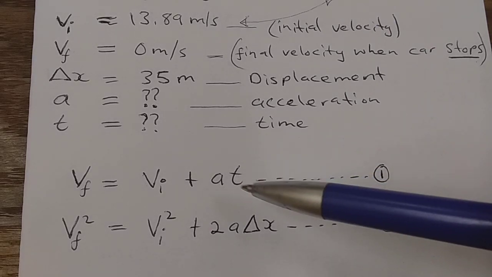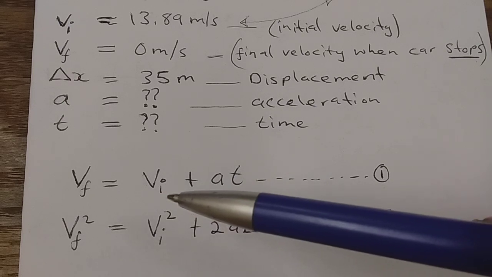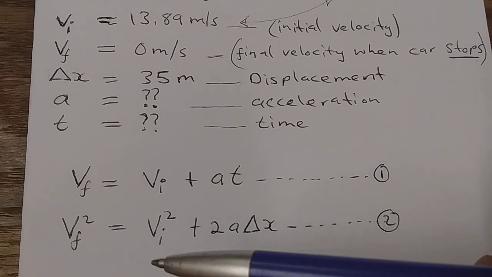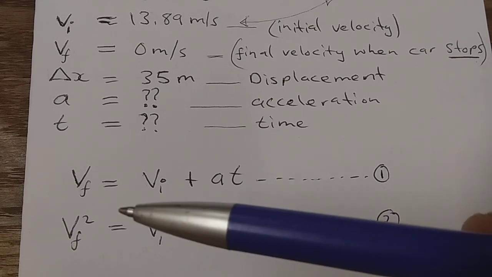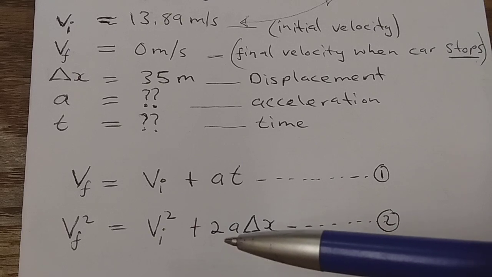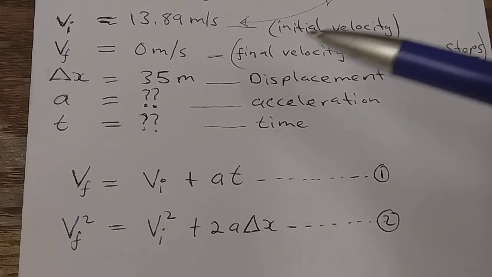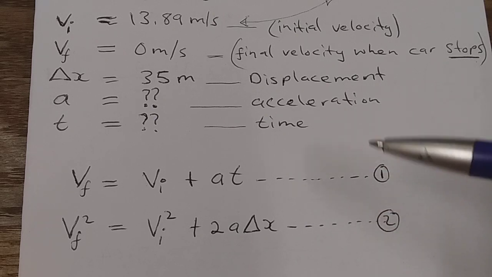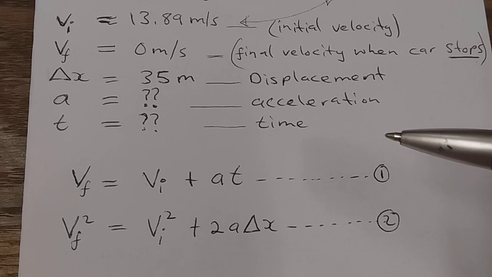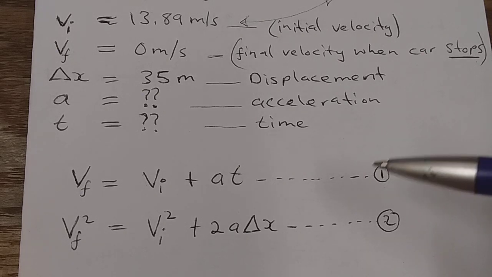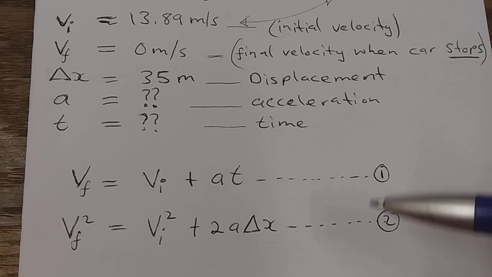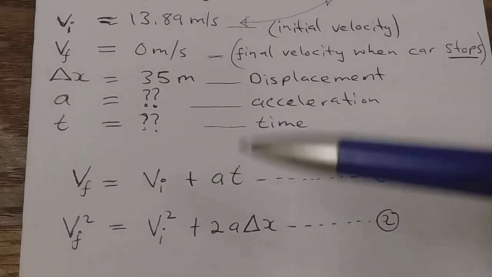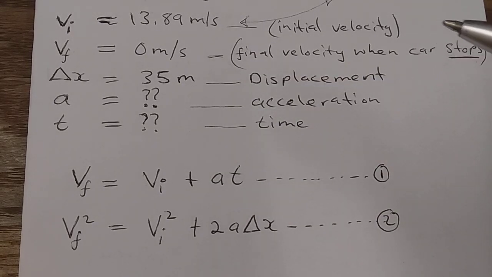Our final velocity is equal to v initial plus acceleration times time. Our final velocity squared is equal to v initial squared plus 2a change in x. It's a matter of plugging in the values and then we solve simultaneously. The challenge for this kind of problem is solving the simultaneous equations. But once you get the answer for a or t, it's very easy to put the value in and solve for the other unknown variable.